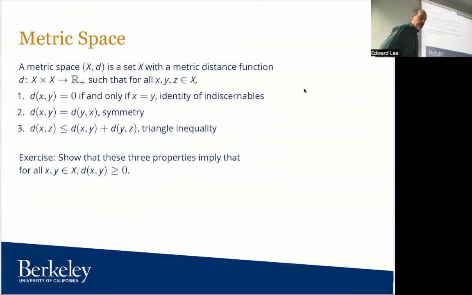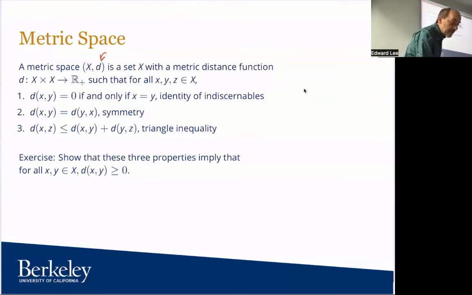Okay. So now, what is a metric space? Well, a metric space is an algebraic structure that consists of a set and a metric distance function, d. So d is the metric distance function. And in the basic definition of a metric space, d takes two arguments, two elements from the set x, and yields a non-negative real number, right?